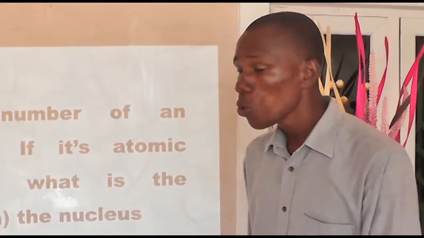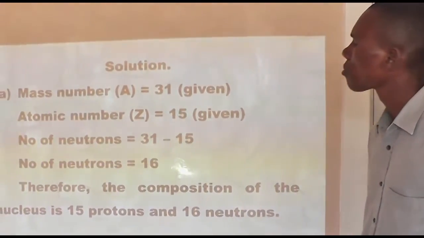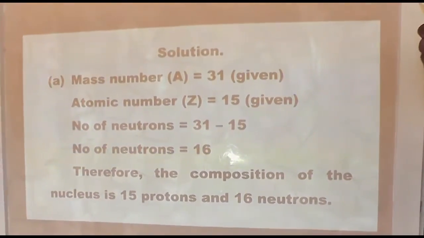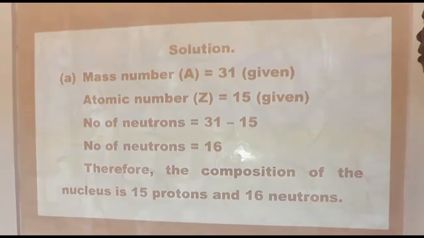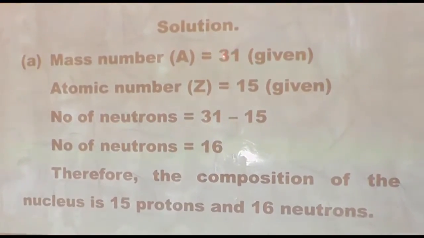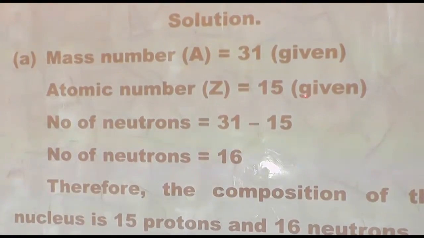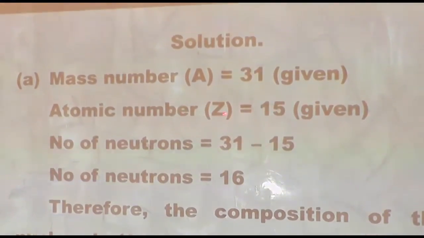Let us quickly deduce the number. By solution, the mass number of that atom is equal to 31, which is given in the question. The atomic number is 15, which is also given.